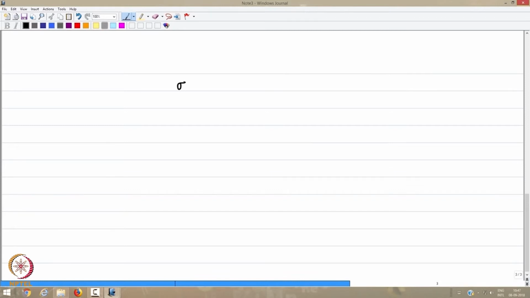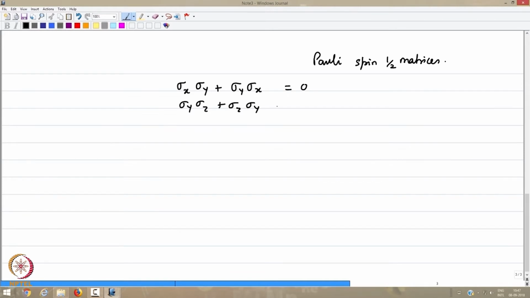We did sigma x, sigma y plus sigma y, sigma x, Pauli spin matrices, spin 1 half matrices. That is equal to 0, and likewise for sigma y, sigma z plus sigma z, sigma y, and sigma z, sigma x plus sigma x, sigma z is equal to 0.